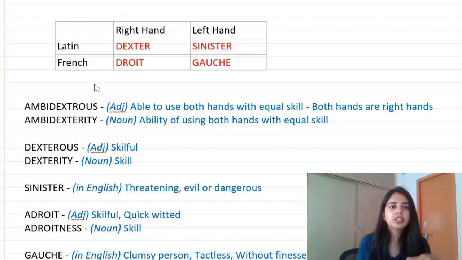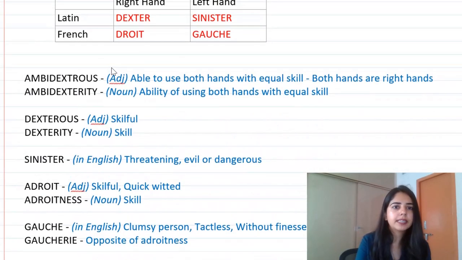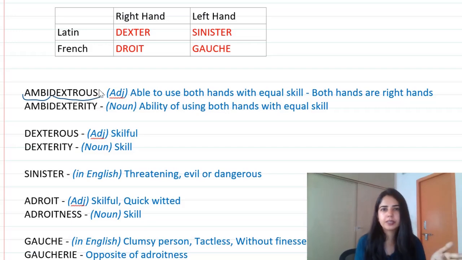How? We just learnt that ambi means both, right? So ambidextrous. Ambi means both and dexter is right hand. So ambidextrous means both right hands. What does it mean? It means that someone whose both hands can be called right hands, which means both hands are primary hands.